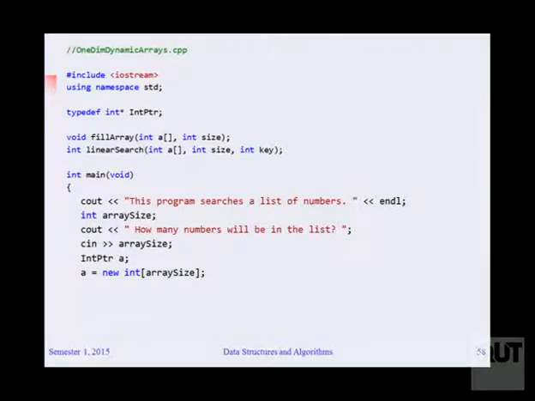Very simple. This program is for searching for a list of integers, and we declare an integer variable called array size. Then we ask the user to input how many numbers you want to put in the array. For example, the user puts 10 from the keyboard.